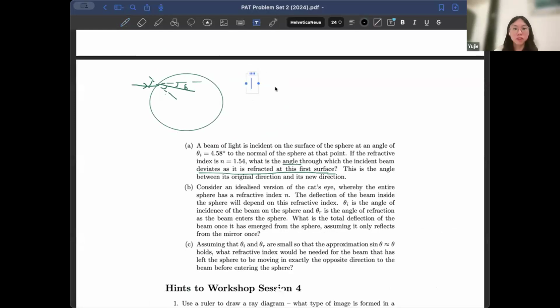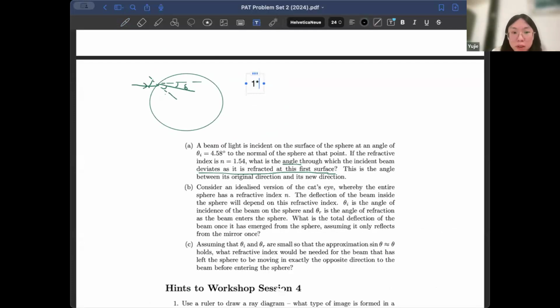So let's write down the equation. From Snell's law, we know that n1, which would be the refractive index of the air, which is just 1. We usually assume this.